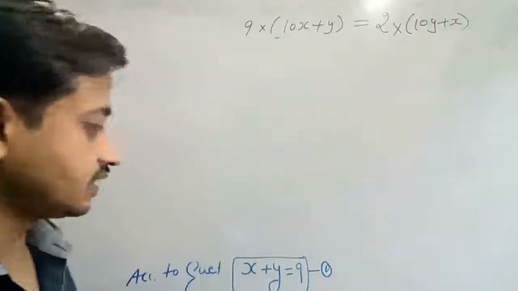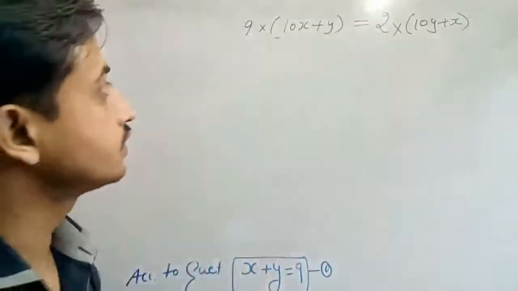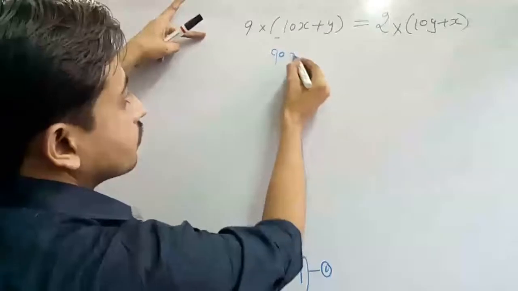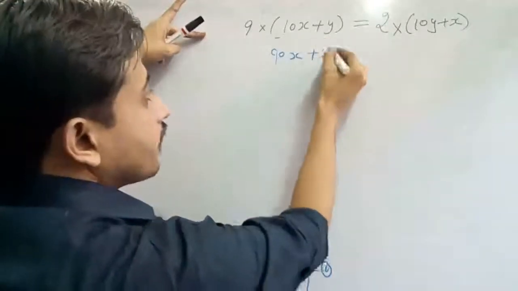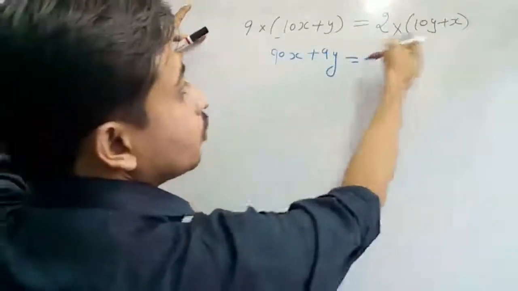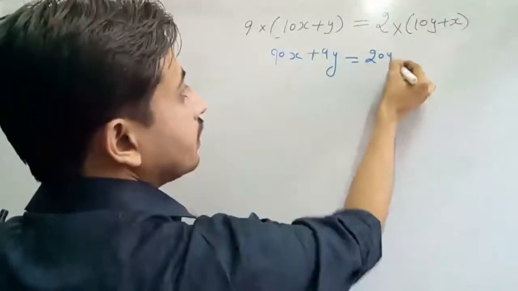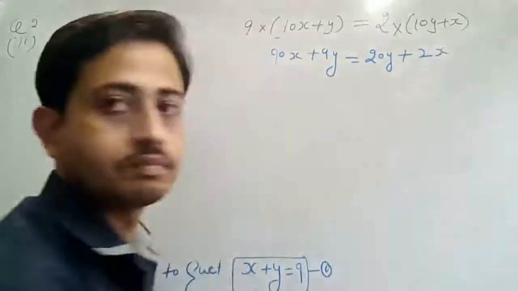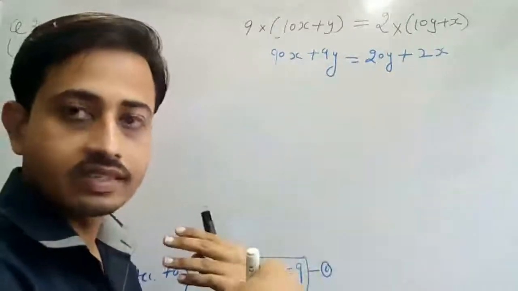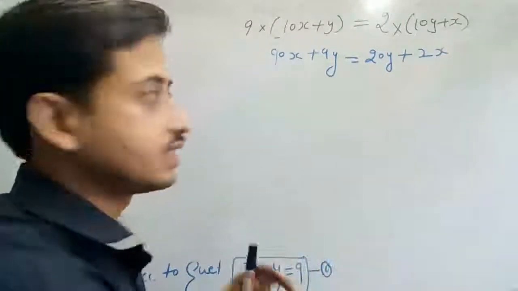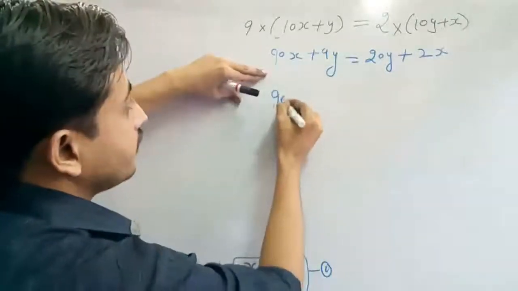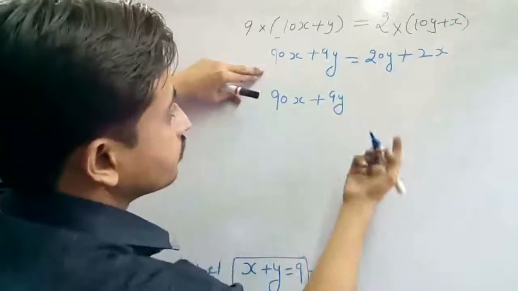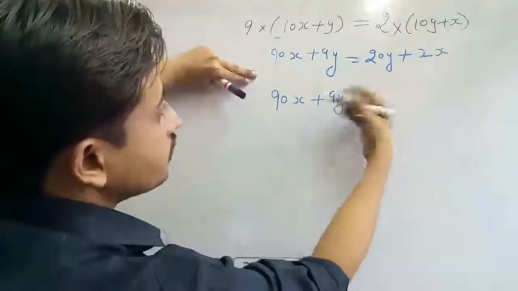Now solve it. This is our equation 1. Now to solve this, 9 into 10 we get 90x, 9 into y we get 9y, 2 into 10 we get 20y, and 2 into x we get 2x. We make all the variables on the left hand side, so it becomes 90x plus 9y. I am going to take all the terms on this side.